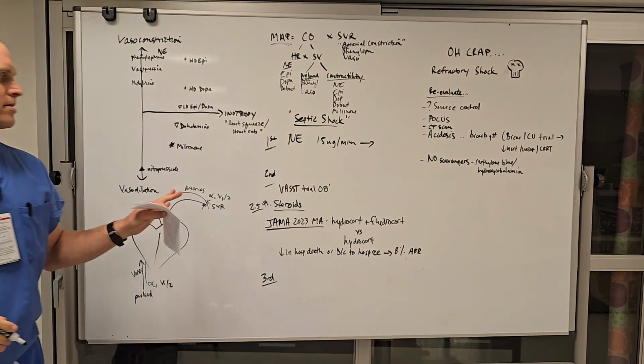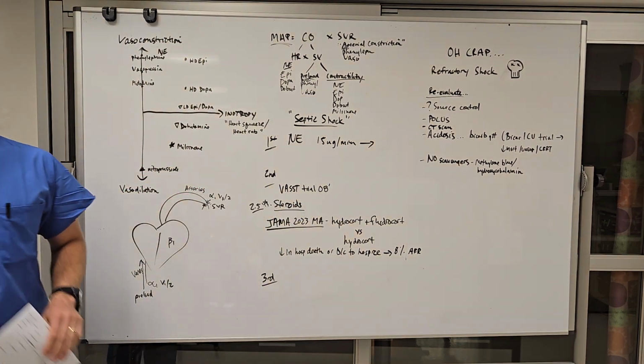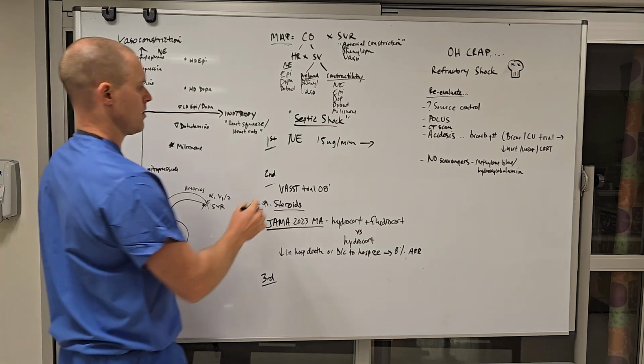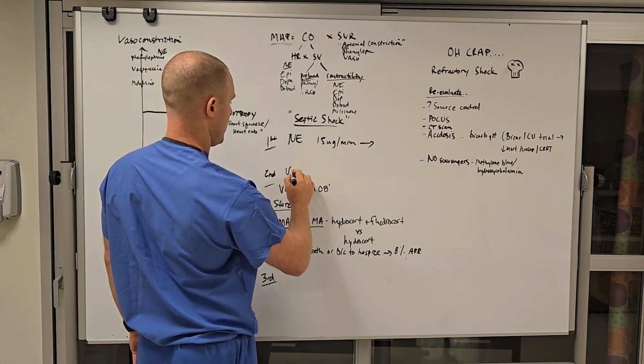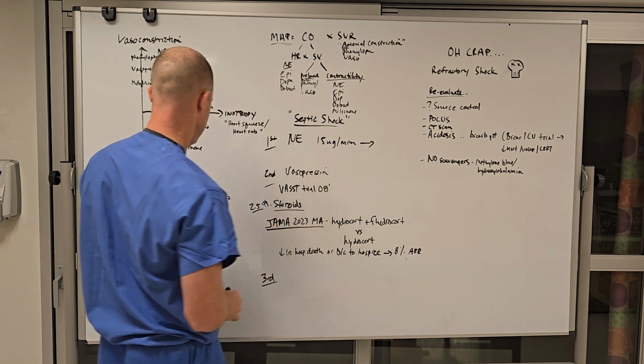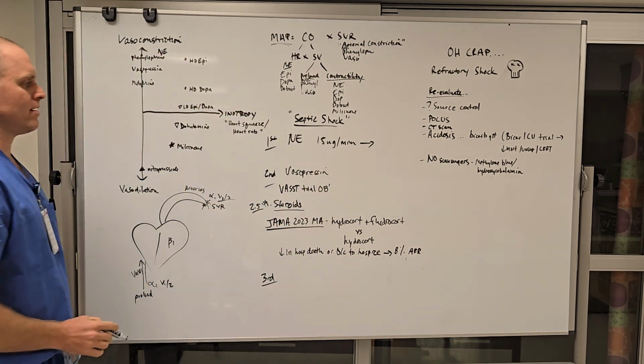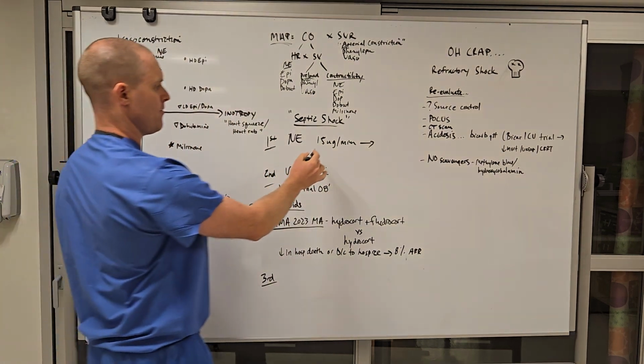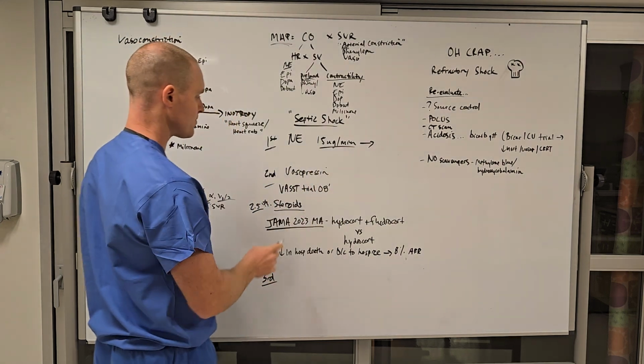Because of those side effects, what's your second? Okay. So we're going to add something that works on a different receptor. We're going to add that into the mix, vasopressin, at about 15 mics per minute.